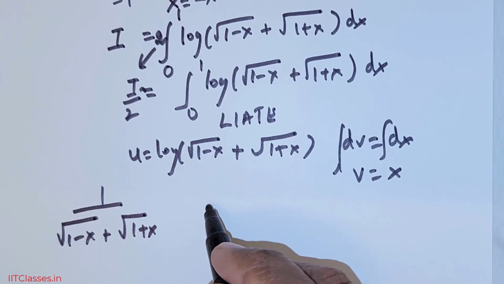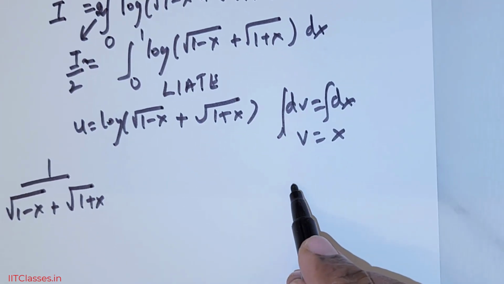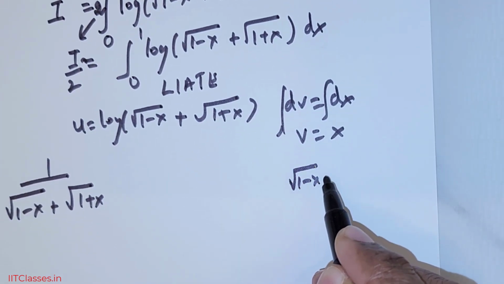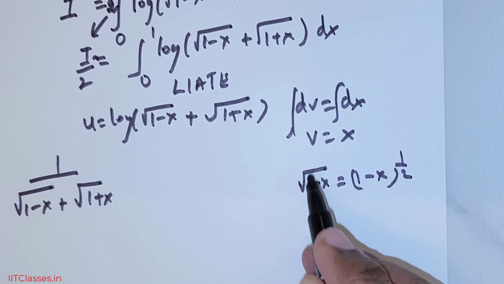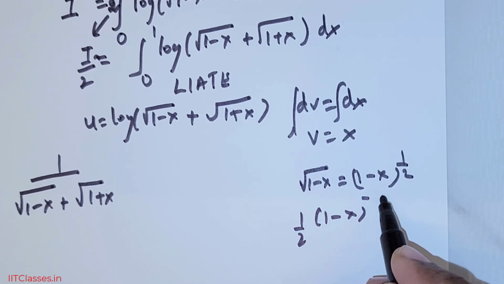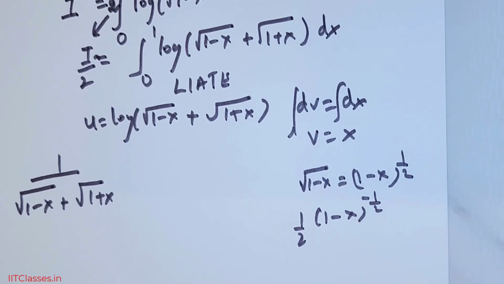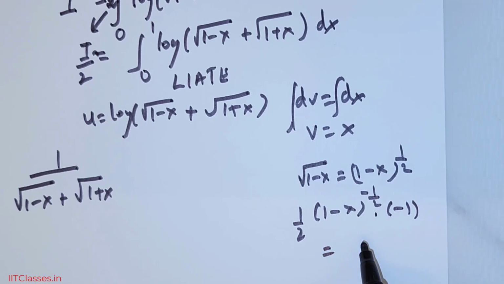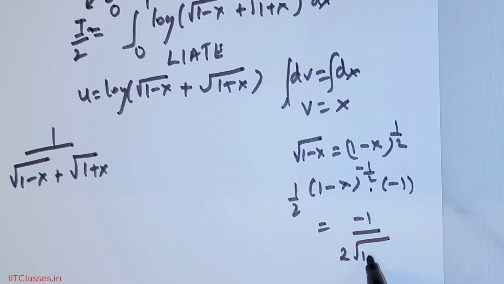I differentiate the first quantity. When we talk about root of 1 - x, it's (1 - x) raised to the power of 1/2. So when we differentiate this, it is 1/2 times (1 - x) raised to the power of 1/2 - 1. That's going to be -1/2, times the differentiation of 1 - x, which is -1. So this is going to be -1 over 2 times the root of 1 - x.